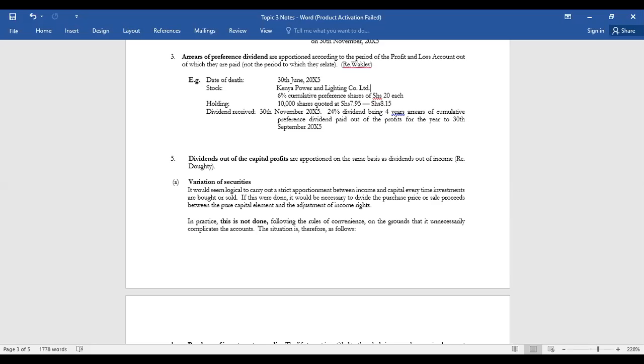What is the equity held? Have we answered your question?